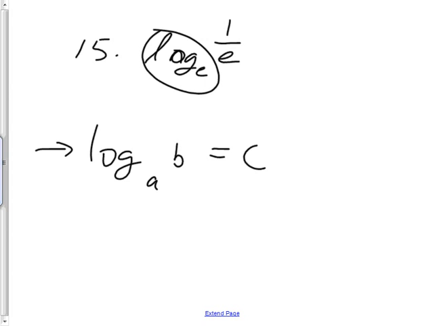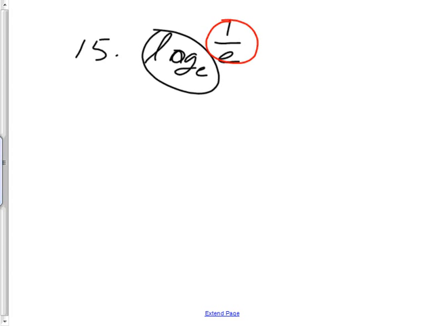This is log base A of B equals C. So all you need is the word base here and the word of there. Base A of B equals C. Two words, base and of, to say it correctly. Now that I've got it set up like this, wouldn't it be nice if this was just an e to a power?